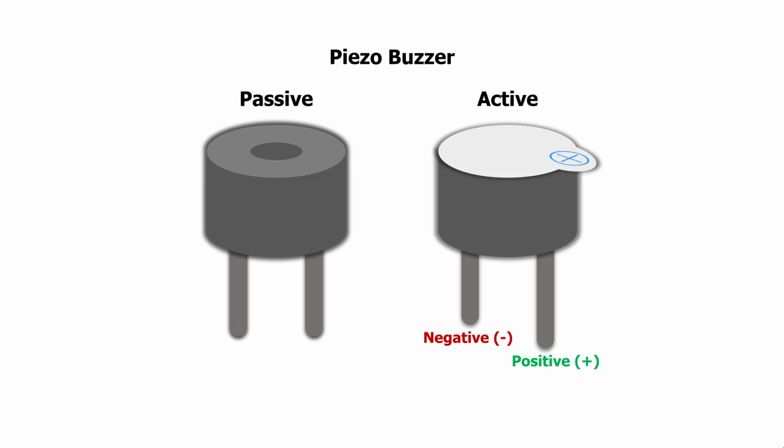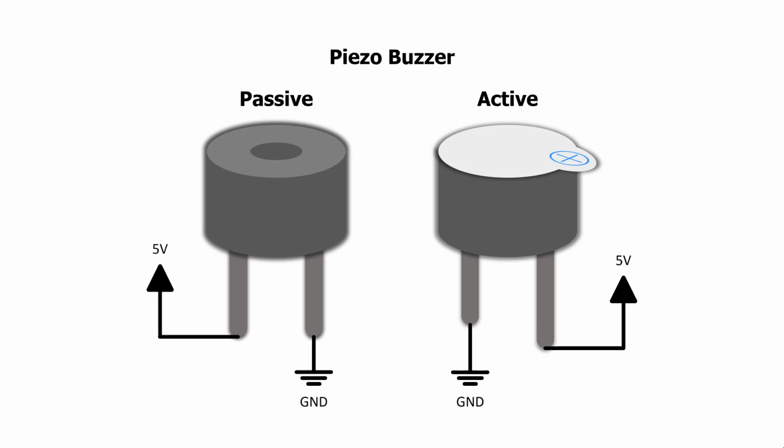As a result, active buzzers are very simple to use. Simply connect the positive side to 5 volts and the negative side to ground, and you will hear a sound. Now, if you try to do the same with a passive buzzer, all you will hear is a faint click.